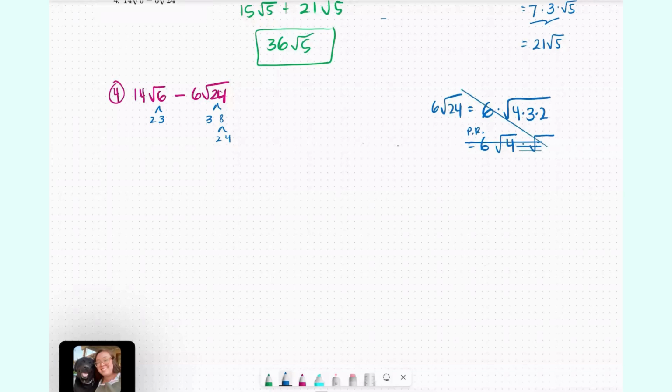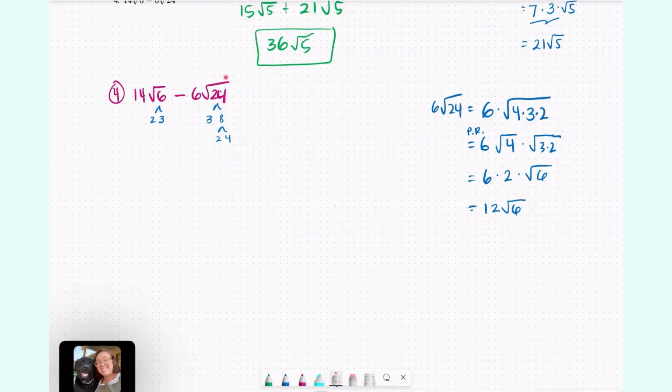So I have 6, the square root of 4 is 2, and that's going to be square root 6. So ultimately 12 square root 6.